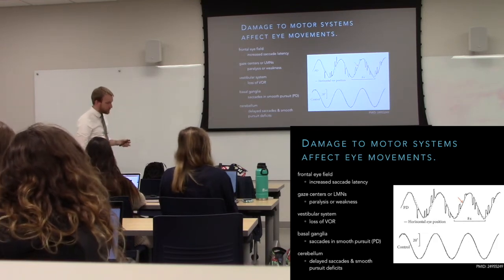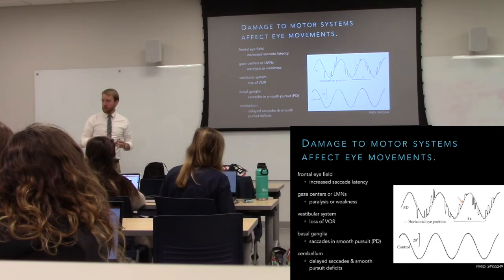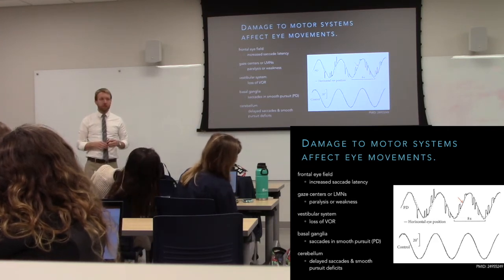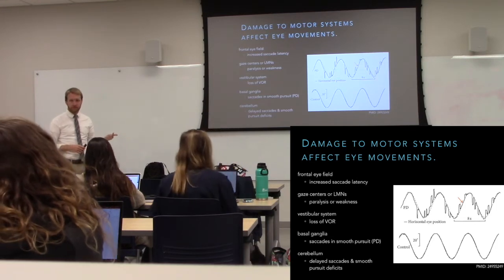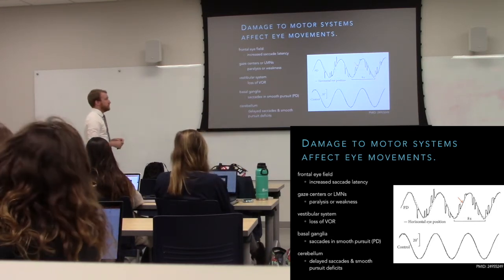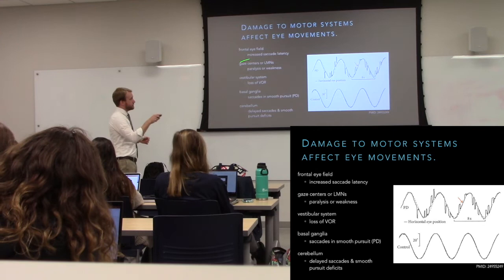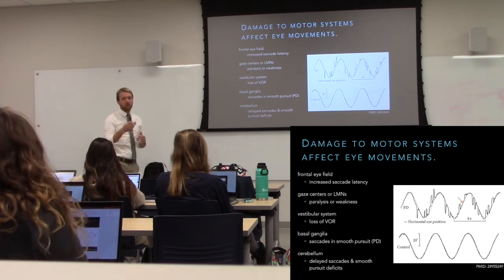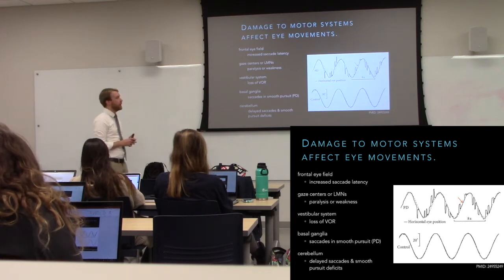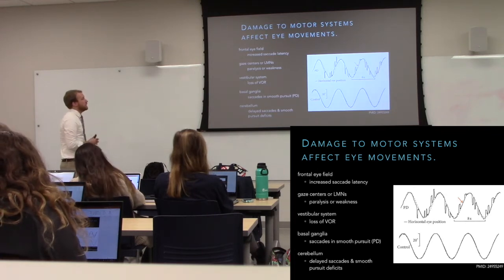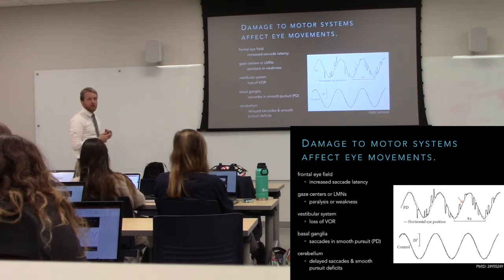Of course, if you have damage to those cranial nerves that innervate your extraocular muscles, you'll have the appropriate weakness or paralysis. Same thing for gaze centers. So if we're unable to excite the lower motor neurons, of course, they're not going to excite the muscles either. Damage to the vestibular system can, of course, impair this.